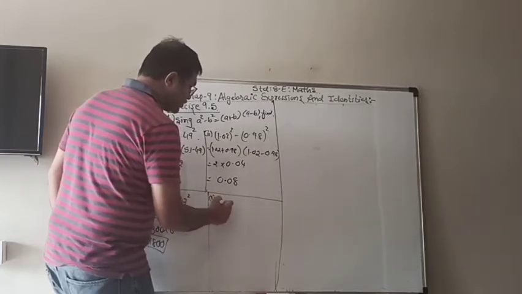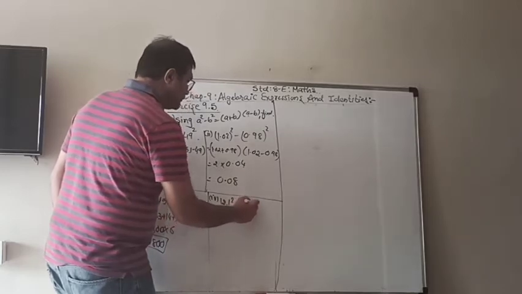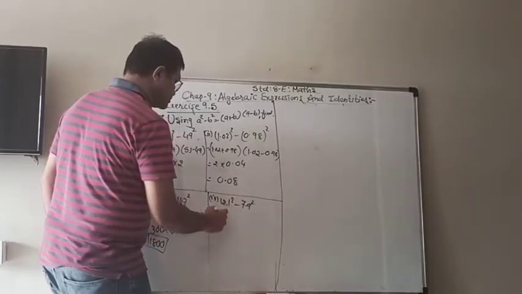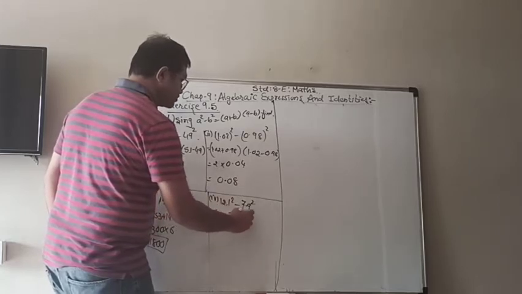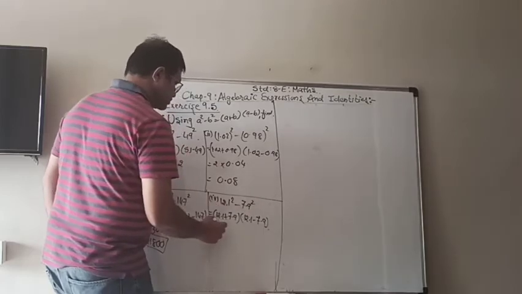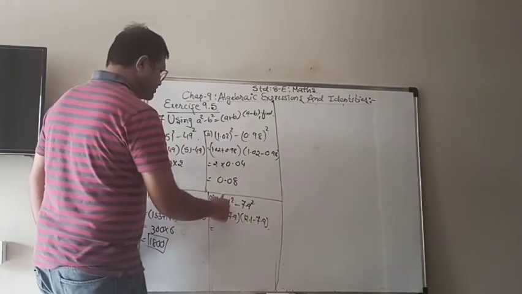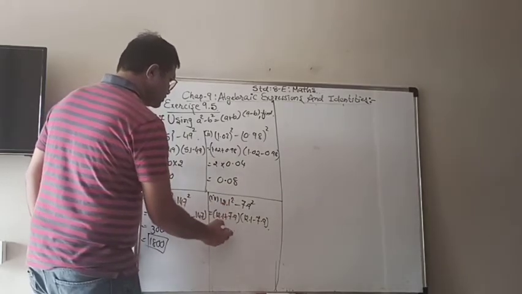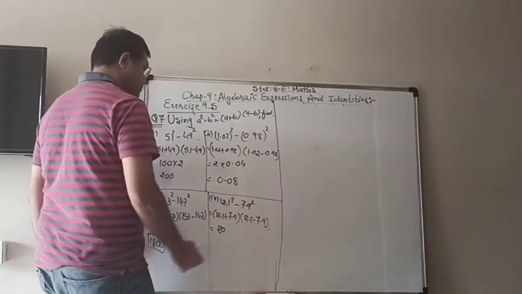Last one is 12.1 whole square minus 7.9 square. So 12.1 plus 7.9, 12.1 minus 7.9. So now here if you add, 9 plus 1 is 10, carry 1. So it is 20.0, so 20.